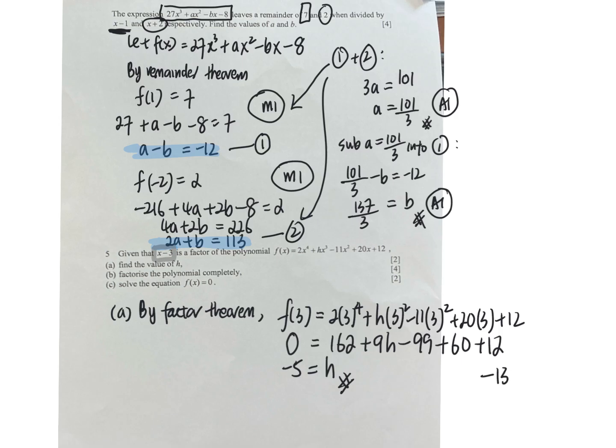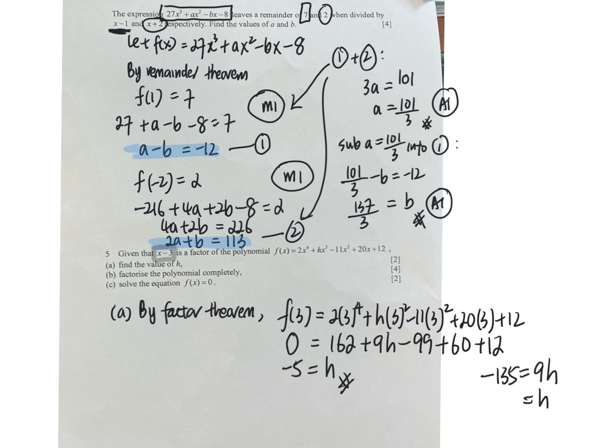You will get minus 135 is 9h. Oh, it's 15, huh? Did I calculate something wrongly again? Is it 15?